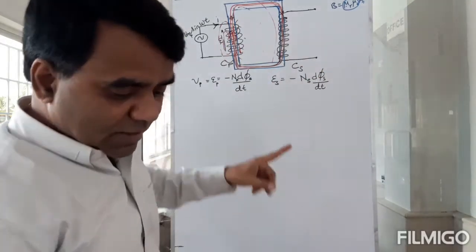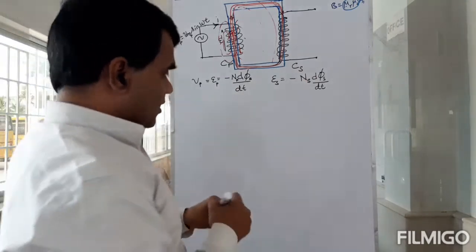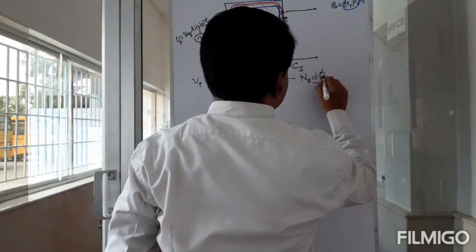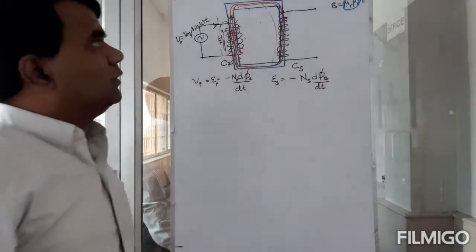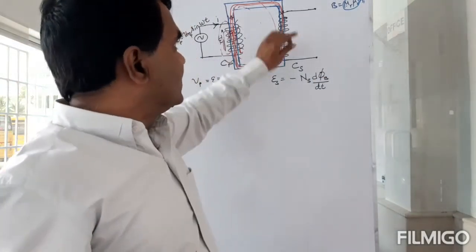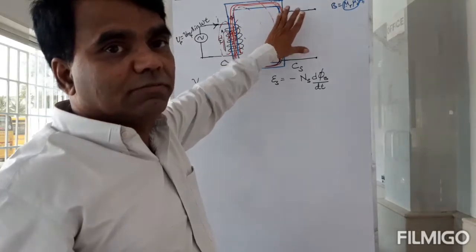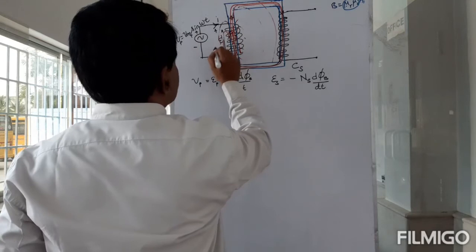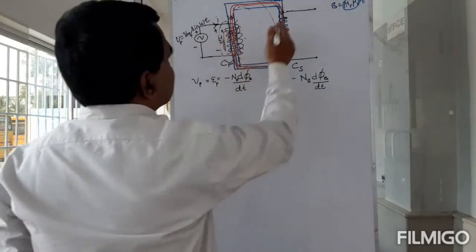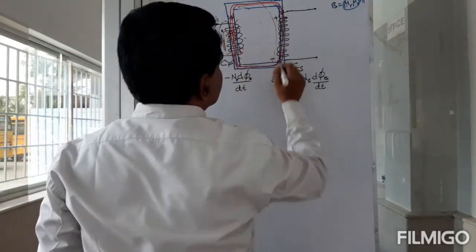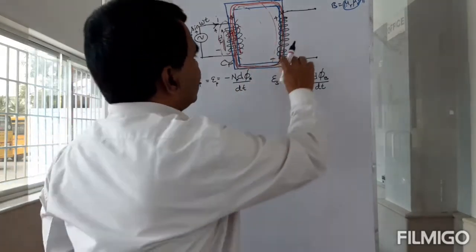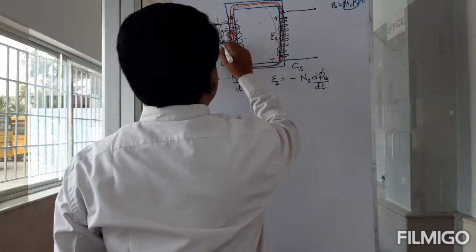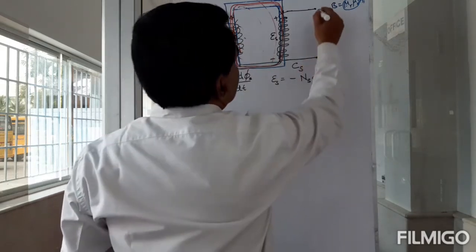So this part becomes approximately equal. There is an EMF induced in this too. So this is plus minus, and this will be plus minus induction, and here also plus minus. This is the secondary, and this is the primary.